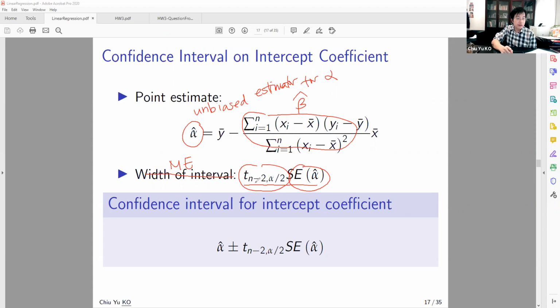Remember, the only difficult part is n minus 2. Okay, so what you have is alpha hat plus or minus t with n minus 2 and alpha over 2, times the standard error SE.